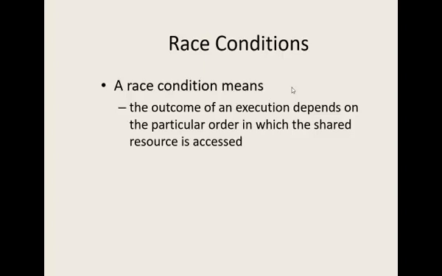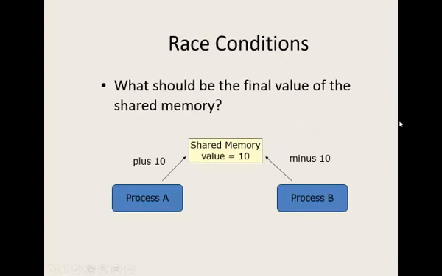So in process synchronization, the two important terms are the race condition and the critical region. I will explain the race condition and the critical region by using a very simple example.